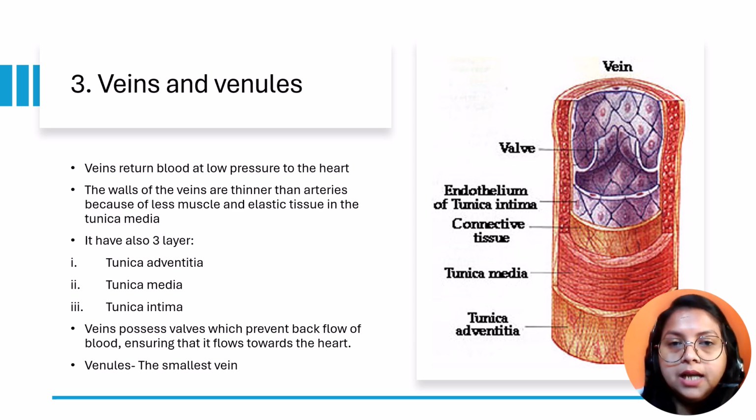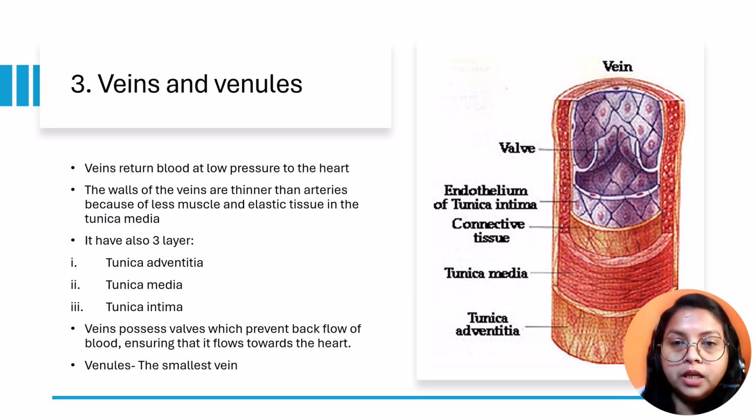Now talking on veins and venules. Veins return deoxygenated blood back to the heart at lower pressure. Like arteries, veins also have three layers, that is tunica adventitia, tunica media, and tunica intima. In veins, tunica adventitia is thinner and tunica media has less muscular tissue, due to which the veins are thinner than arteries because of less muscle and elastic tissue, especially in tunica media.